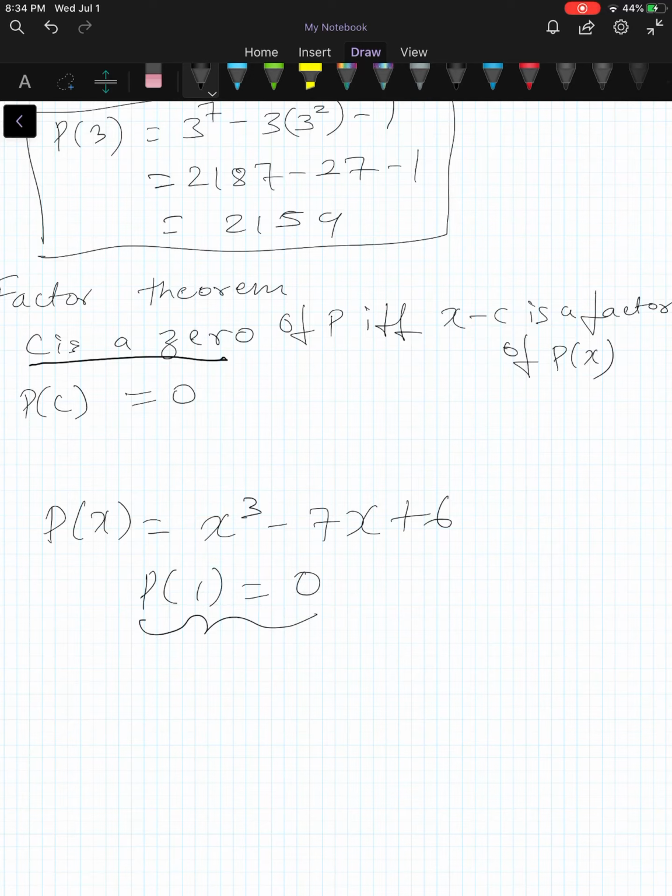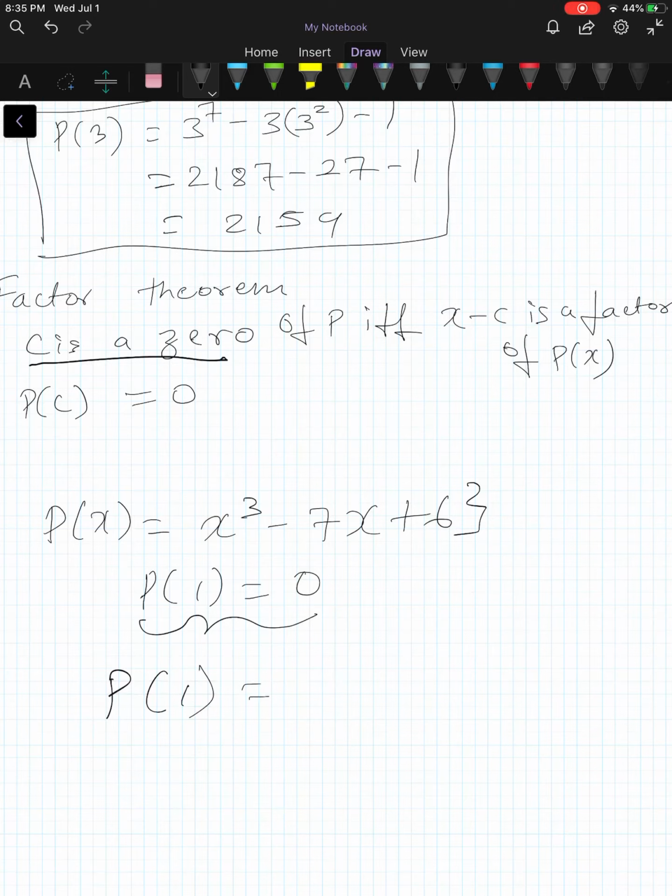By the factor theorem, this will be equal to 0 only when x minus 1 is a factor of p of x, correct? That is, x minus 1 divides this polynomial perfectly, with the remainder being 0.